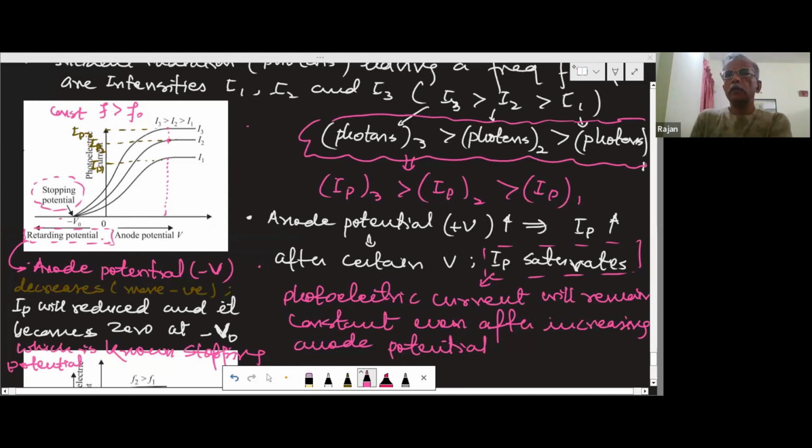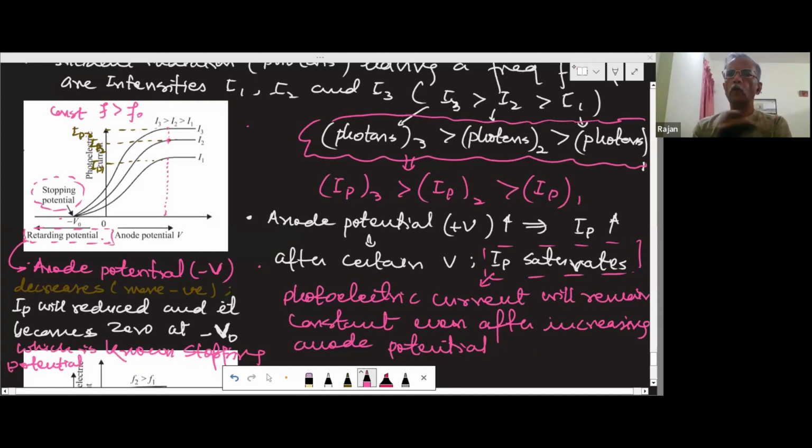Now we started controlling them. We started reducing the anode potential even below zero, to the negative side, and gradually the photocurrent will stop, and finally it will be zero.